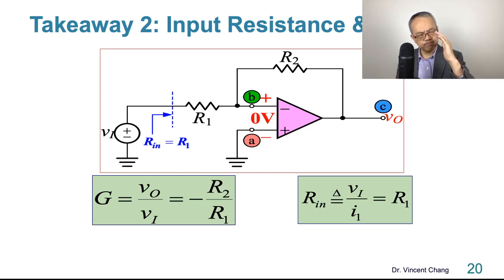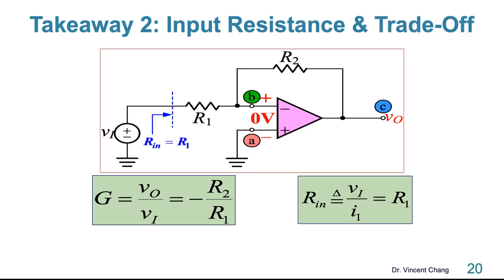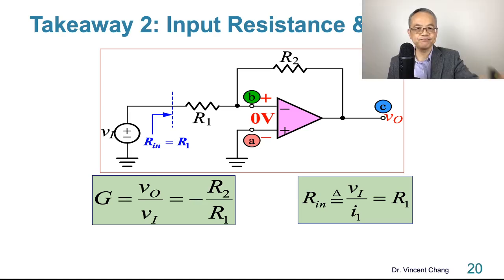So if you want an amplifier with a high gain as well as a high input resistance, is this circuit a good candidate? The answer is no, right?